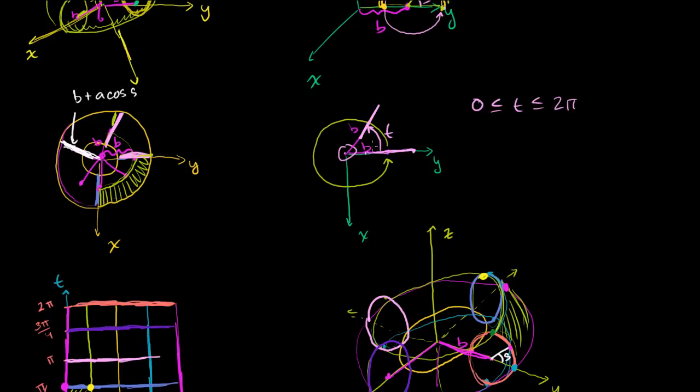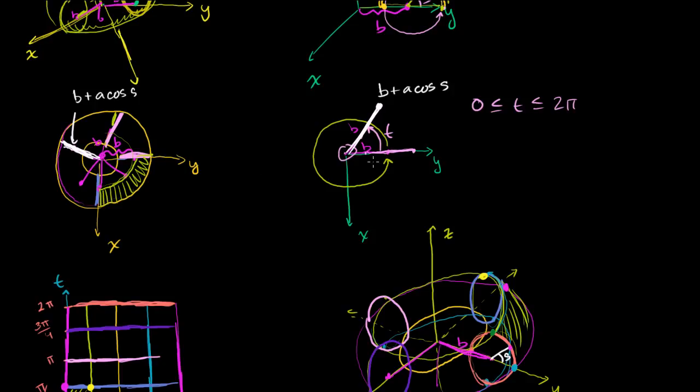Now, as we rotate around, let's say we're at a point there, and that point, we already said, is b plus a cosine of s away from the origin on the xy plane. What are the x and y coordinates of that? Well, remember, this is a top down. We're sitting on the z-axis looking straight down on the xy plane right now.